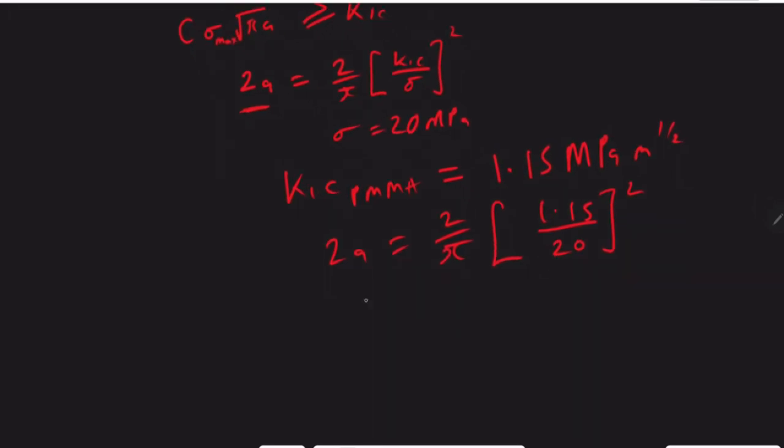Therefore, our answer will now be 2A of 2.1 times 10 raised to power minus 3 meters. Therefore, 2A is equal to 2.1 millimeter.